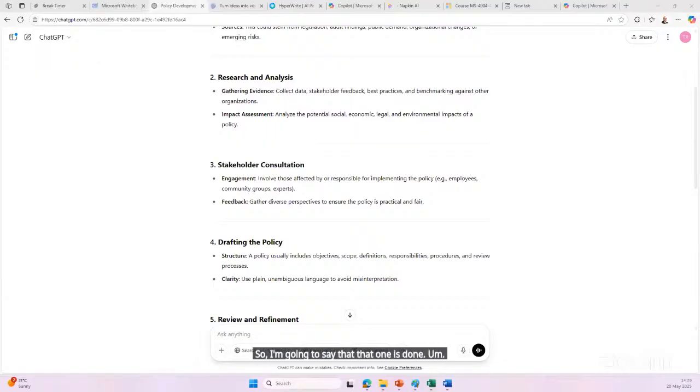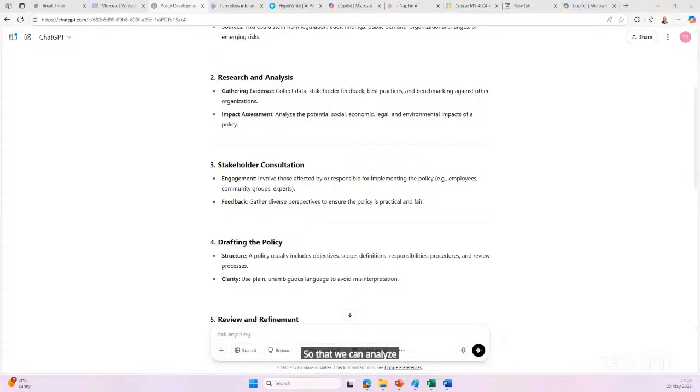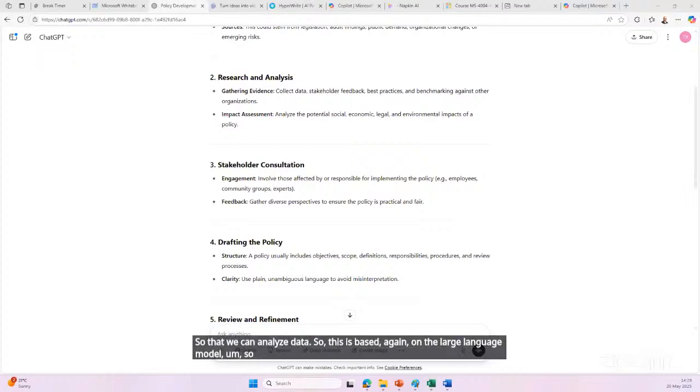Next question: within government, what type of public data access sources in South Africa do we have so that we can analyze data? This is based again on the large language model. If anything is publicly accessible, it has probably been indexed and is probably part of the large language model.